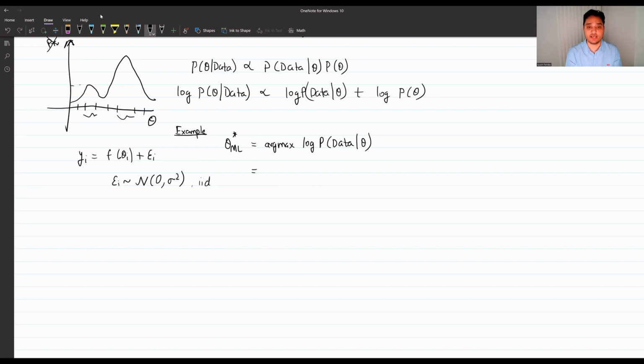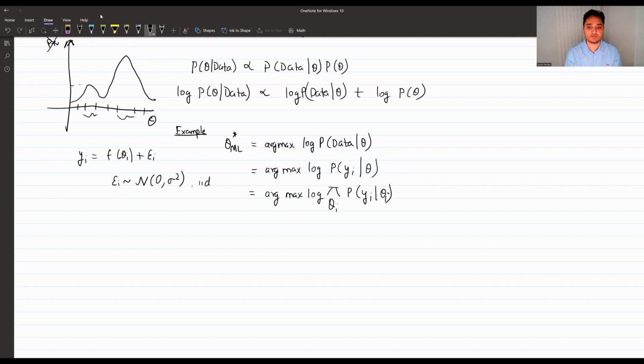So we can write this as argmax of log of probability of y_i's given theta. And assuming that all the parameters are independently affecting the data, we can write this as the product over all parameter values of the probabilities of theta_i.